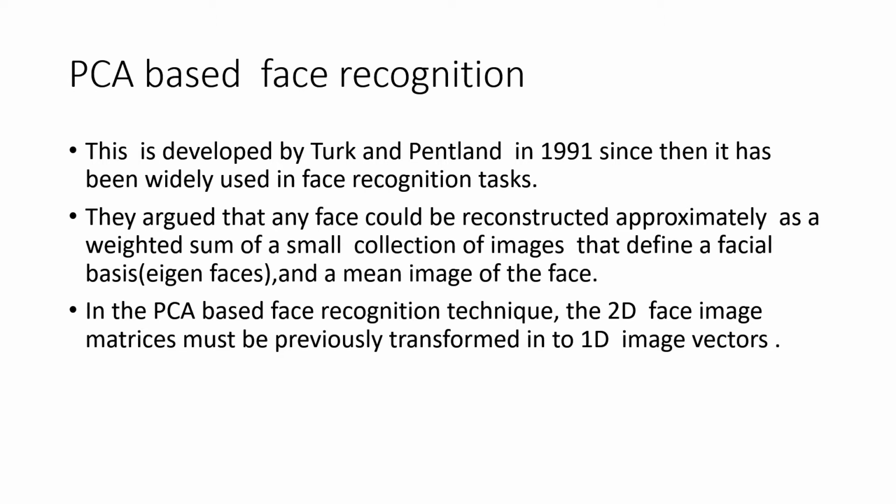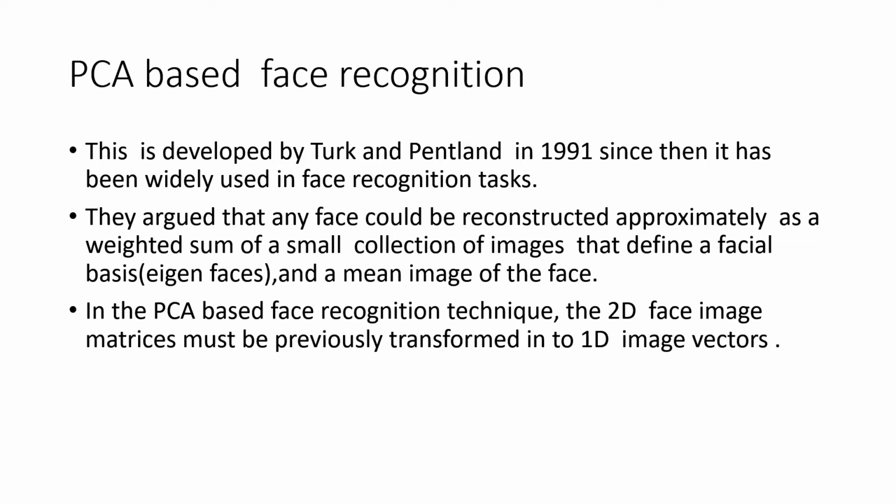Generally, in the PCA based classification, the image is transformed into a 1D vector, and PCA is applied on the 1D vector so as to reduce the dimensionality of the image vector. The output of the dimensionality reduction is known as the dimensionally reduced feature vector, and we do this for all the training samples and obtain the feature vectors.